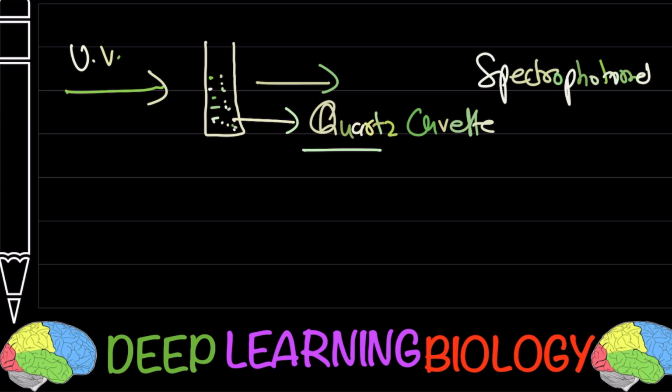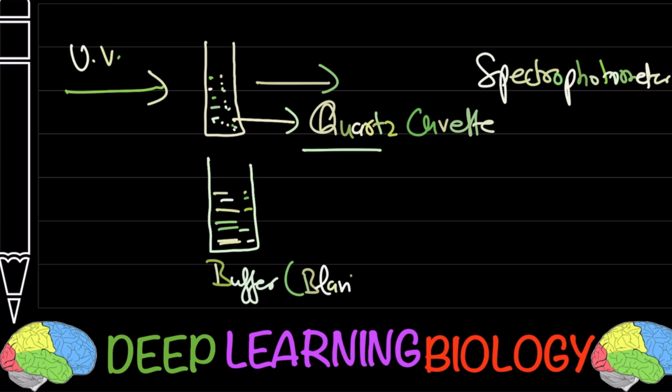Now try to see here. Let's suppose initially, generally in the lab, in the quartz cuvette we are going to have just buffer, a blank solution, without any DNA, without any RNA.